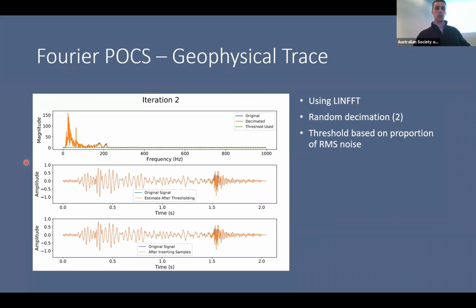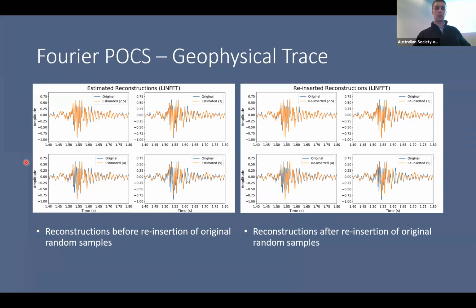1, 2, 4, 6. And so this just shows the reconstructions before reinsertion for a number of different decimation factors. And this shows the effect of reinserting into the estimate those original randomly spaced samples.